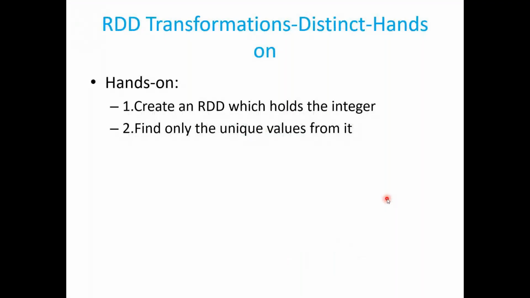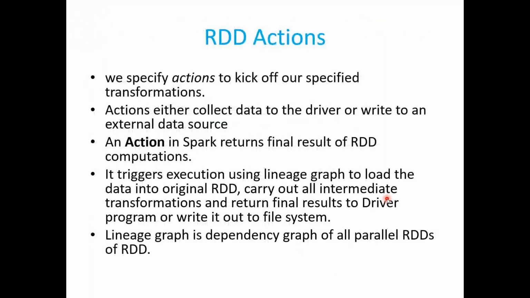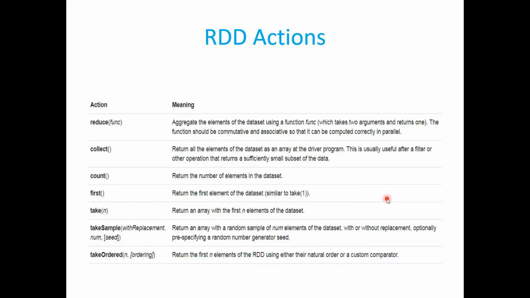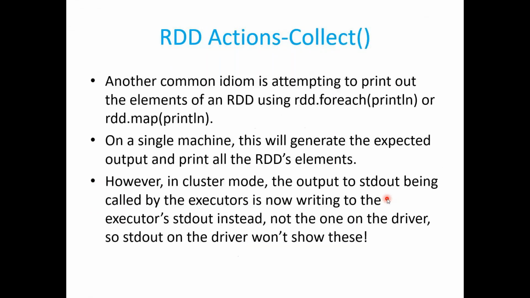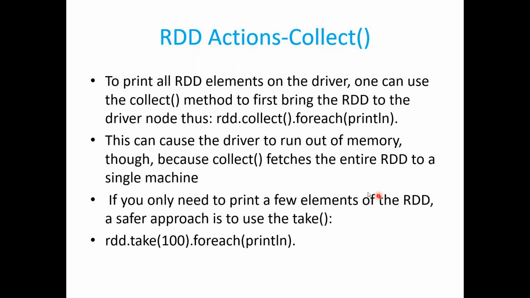So whatever we have seen till now, they're all called transformations. Now we have already seen plenty of actions. In fact, count is an action, which will get me the total number of elements in the RDD. In fact, collect is also an action, which will get me the entire data. But one important point I would like to highlight with respect to collect is you have to be a little careful when you call collect, because it will try to get the entire data to the driver's RAM.